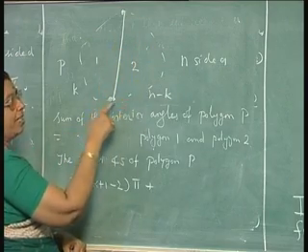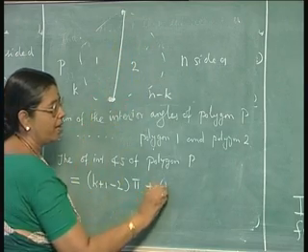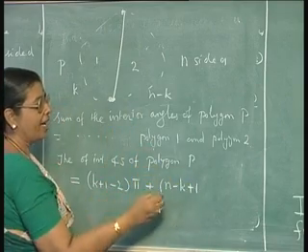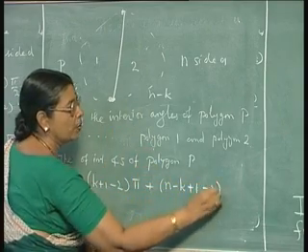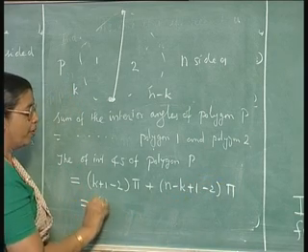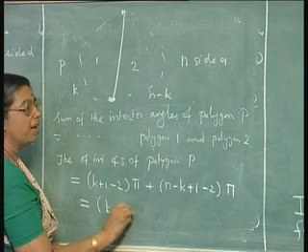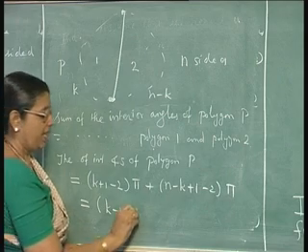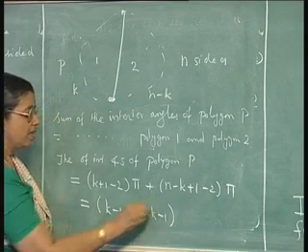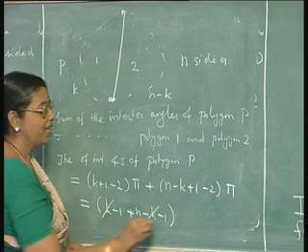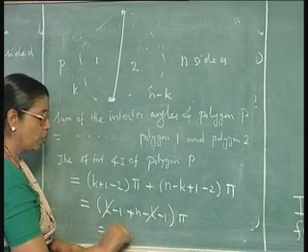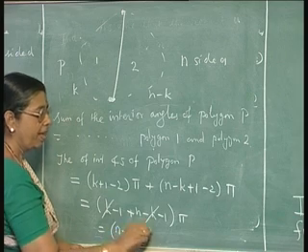That is n minus k plus 1. So, the sum of the interior angles is this minus 2 into pi. So, that will be equal to k minus 1 plus n minus k minus 1. So, this k and k will get cancelled, and you will get n minus 2 pi, which is the result we want.